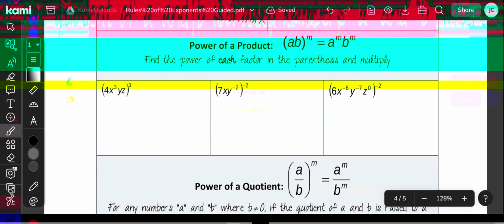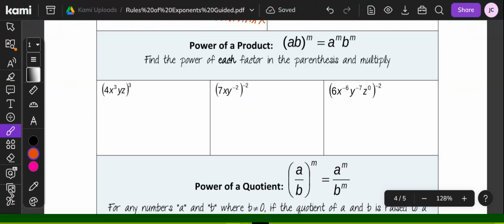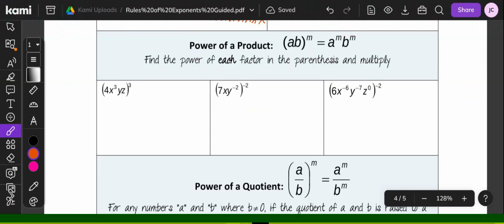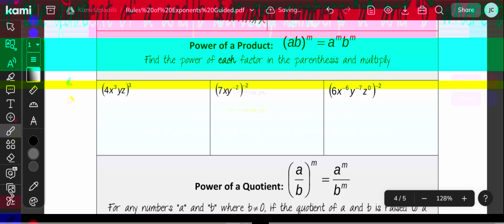Power of a product. It's important to notice that if you have a power written out in parentheses, it applies to everything on the inside. Okay, not just a few things, everything.